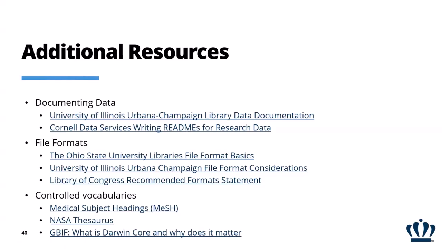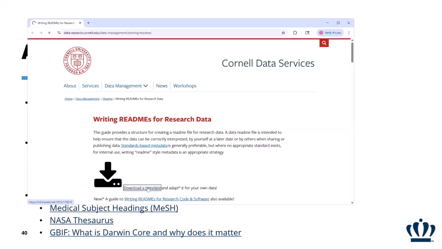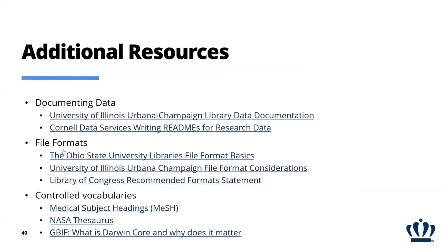If I click on that really quick, it's just a template and it goes into who did it, why you did it, descriptions, methods, file formats. You can look at file format considerations, the recommended formats from the Library of Congress, and then just some examples of controlled or more specific vocabularies that you might use when describing your data.